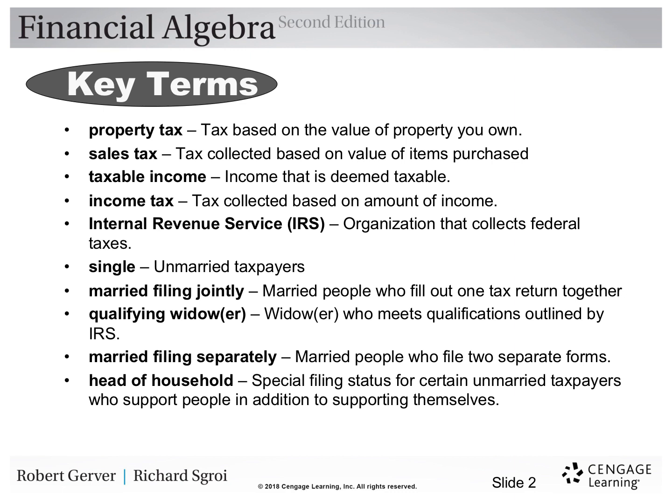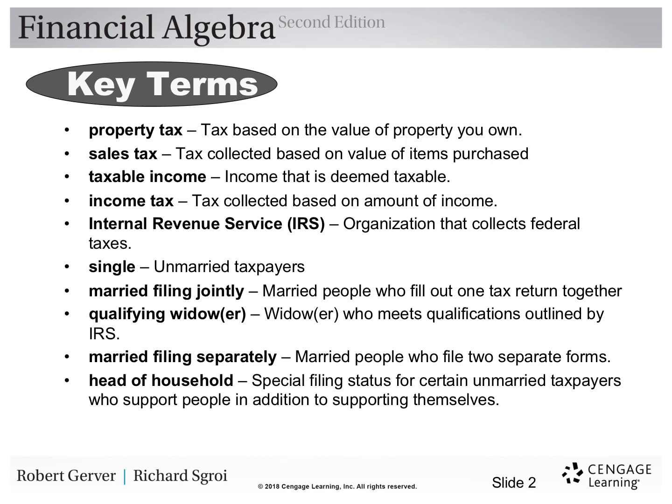Then there are certain categories of taxpayer. First, there is single. This refers to unmarried taxpayers. There are married filing jointly. These are married people who fill out one tax return together for the two of them. There's a qualifying widow or widower. This is a person who meets qualifications outlined by the IRS.